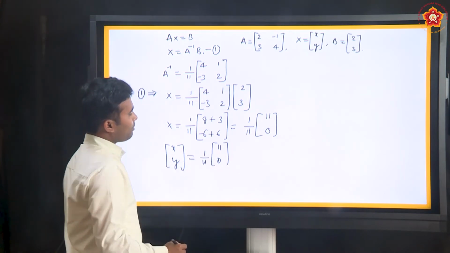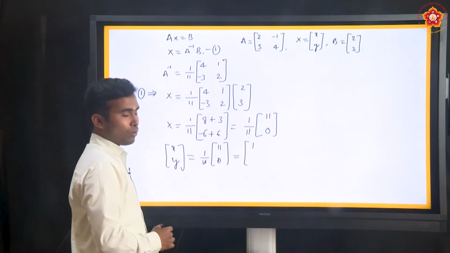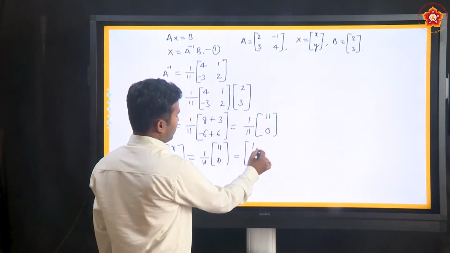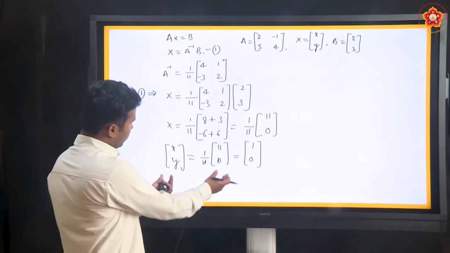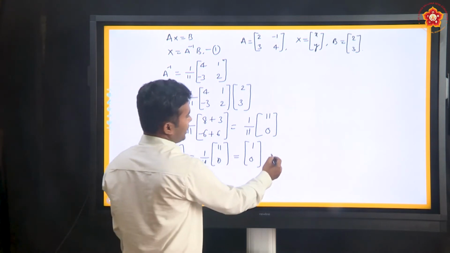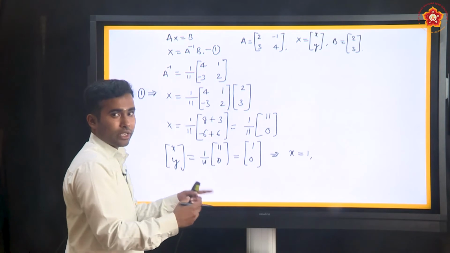Now, you multiply this. 1 by 11 into 11, the 11 by 11 cancels. So, you end up with 1. And 1 by 11 into 0, what? 0 into anything will become 0. So, now we got two equal matrices, xy is equal to 1, 0. By this we can conclude that x is equal to 1, since corresponding elements are equal.